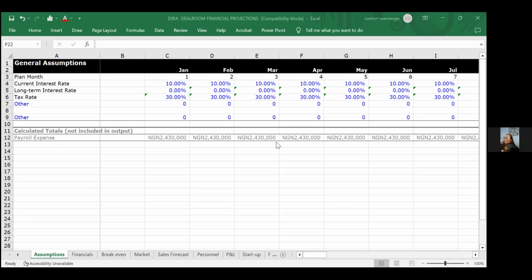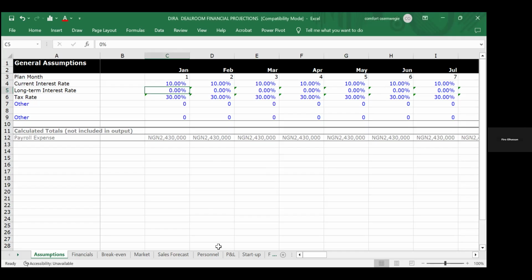Has anyone collected long-term interest rates? Long-term, if it's government, I think even though they say 9, it runs to about charges and all sometimes. Is that BOI loans? Yes, BOI or any government institution loan.